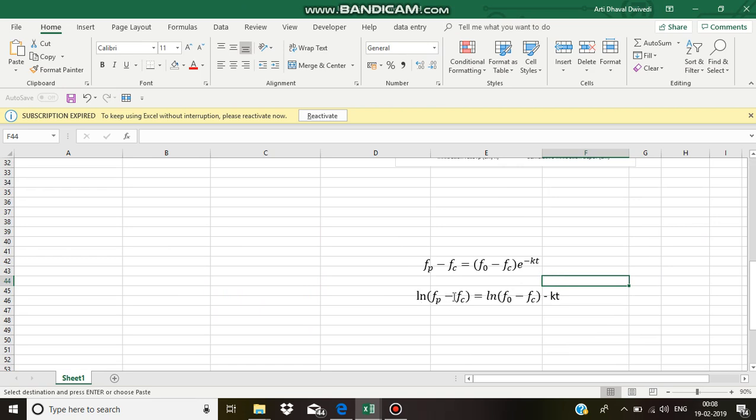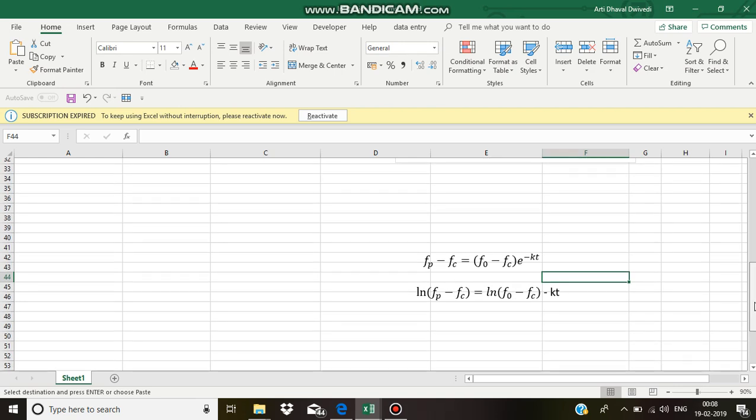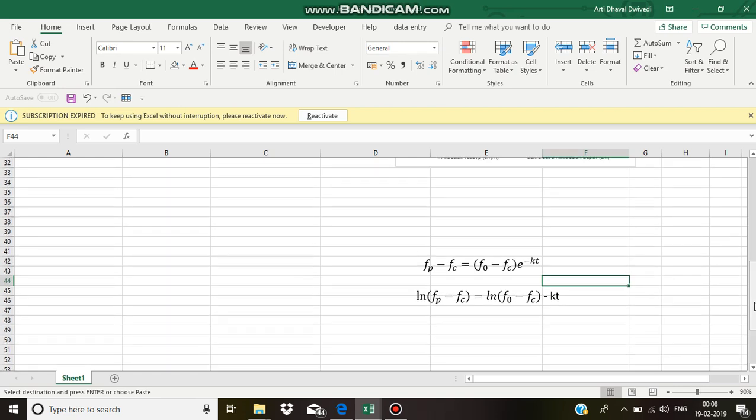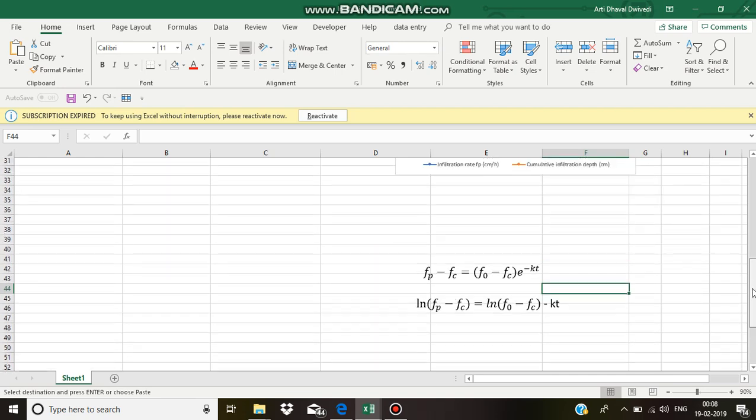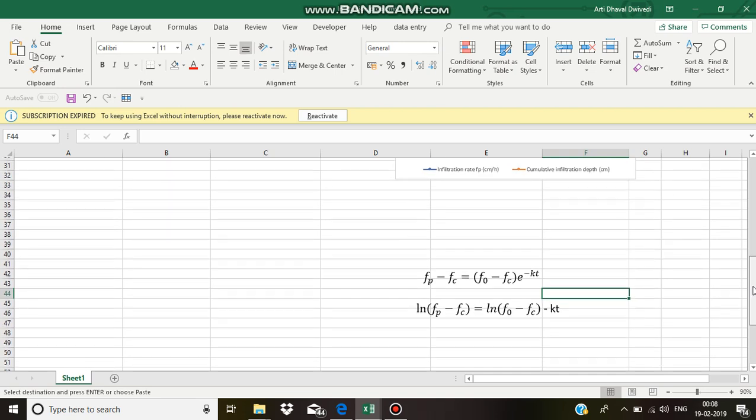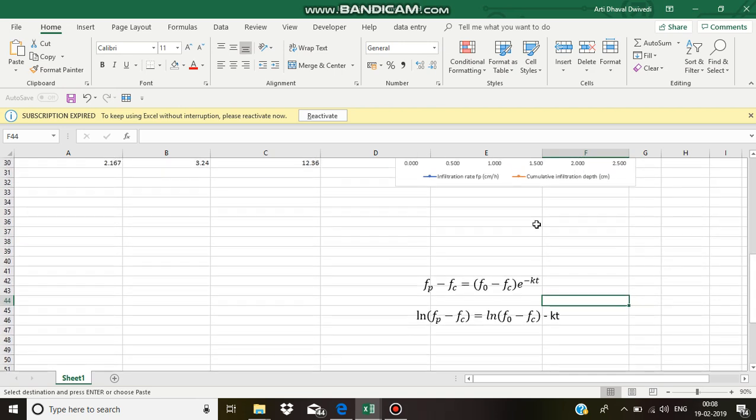So ln Fp minus Fc is equal to ln F0 minus Fc minus kT. So we'll be plotting the graphs of ln Fp minus Fc versus t. And from that, we'll obtain an equation and we'll compare that equation with this equation to obtain the parameters.